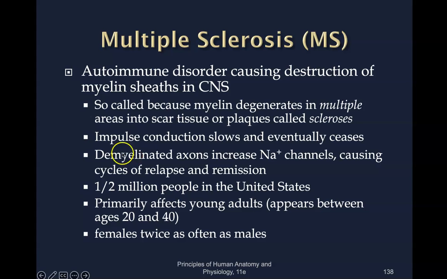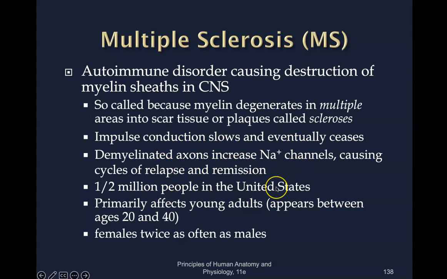And then all of a sudden our impulse conduction picks up, and that gives you that sense of remission. There are different forms of it, but the most common type is relapsing-remitting, and this happens because of this process right here.